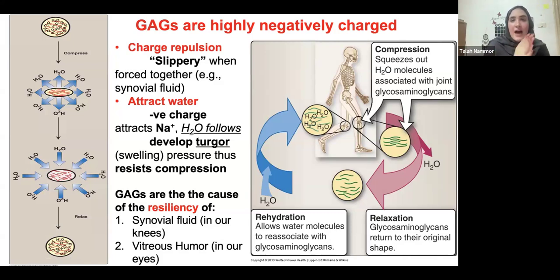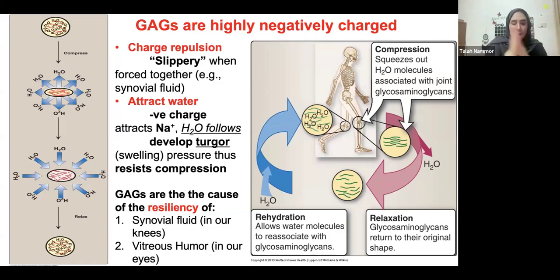And a rule that you guys have to have in your head forever, because you're going to take it in different diseases: wherever sodium goes, water follows. Water loves sodium. So if the sodium goes out, water will go out. If the sodium is attracted to the negative charge of the glycosaminoglycans, the water will be attracted to the GAGs.